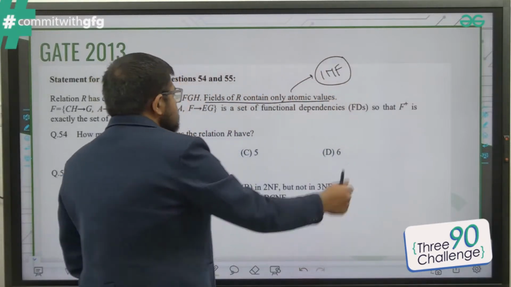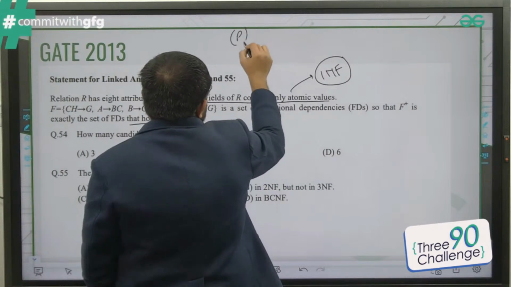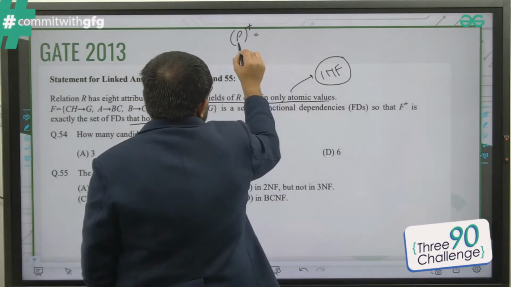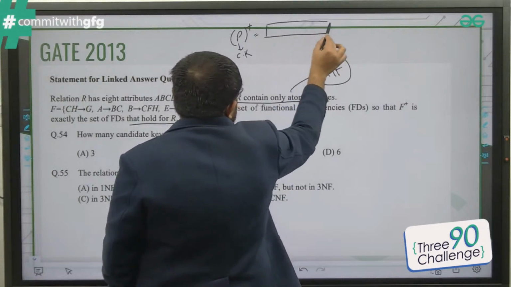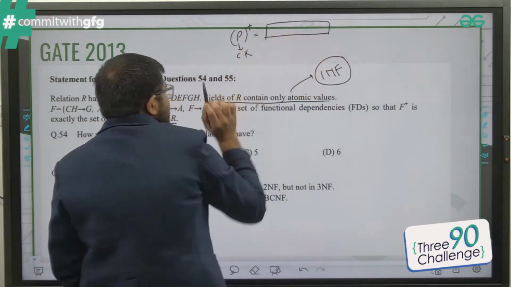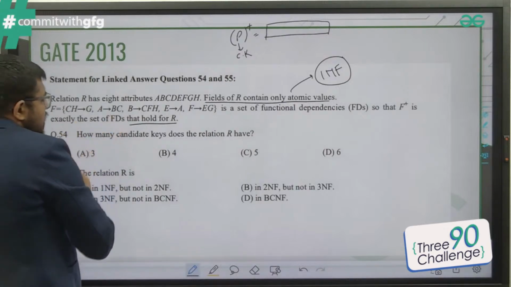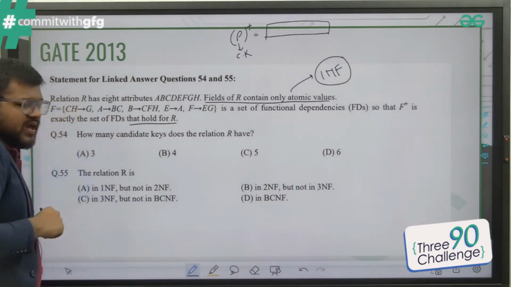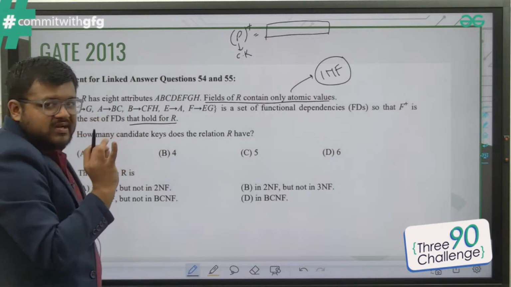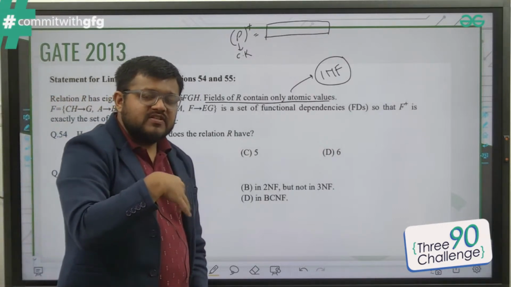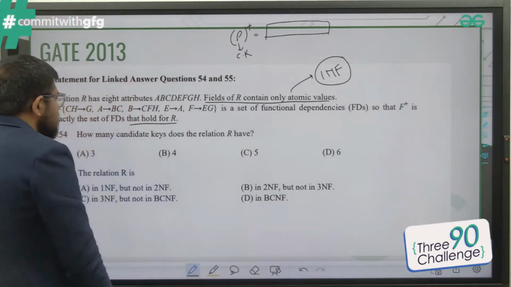See, what is a candidate key? If I have a set of attributes P, and if I say P plus, if this is a candidate key, it will give me all the attributes of my relation, because a key can identify all the attributes of the relation. So if I want to find how many candidate keys the relation has, first of all, in my candidate key, those attributes will definitely be present which are not present on the right hand side of any functional dependency. See, understand.